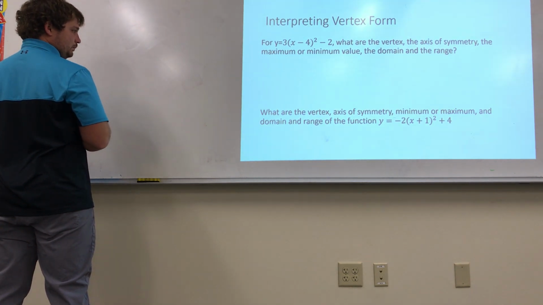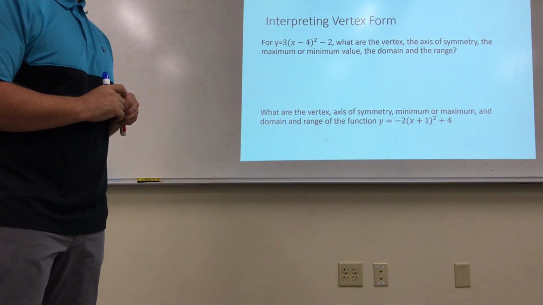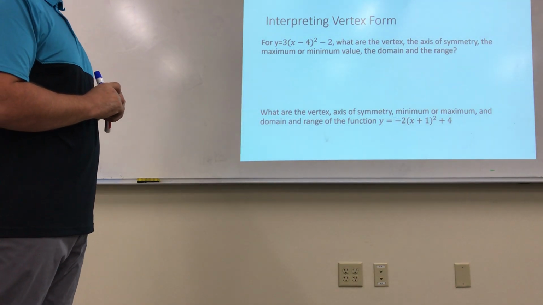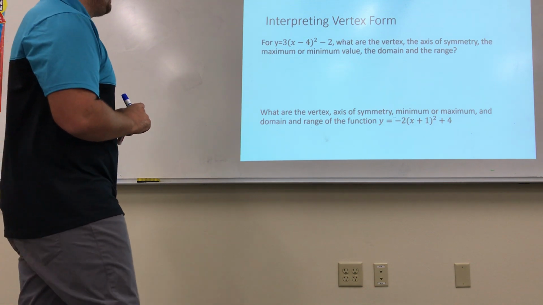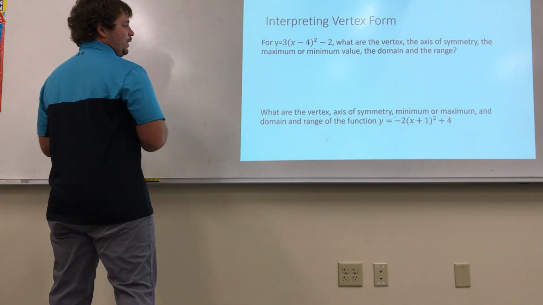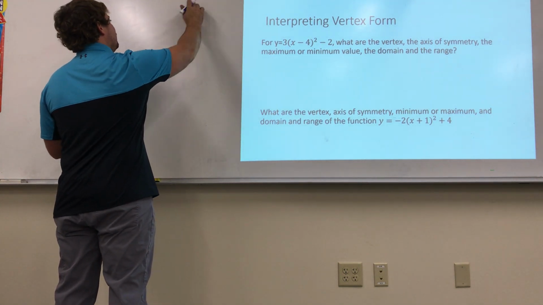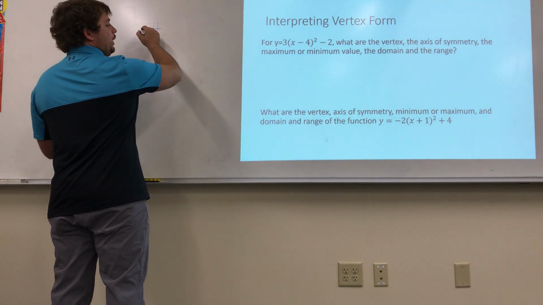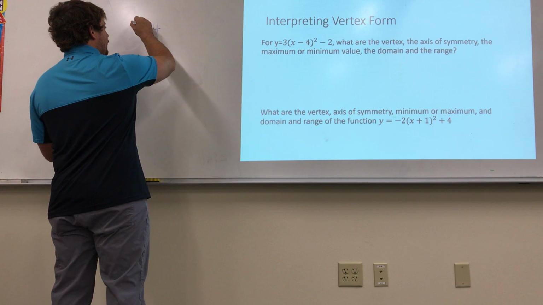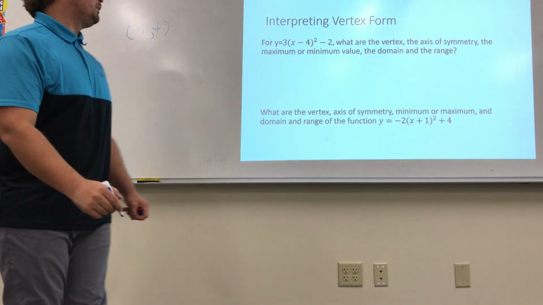We have a -2, which should not change anything besides it is going to open up downward. You have a +1, which means you're going to go left 1. You are going to be up 4. So this is going to tell me my value, the k, is going to be 4. And we're going to be to the left 1. So there's my vertex.